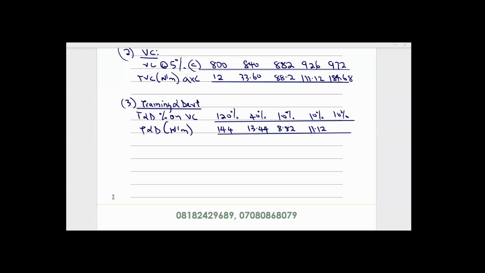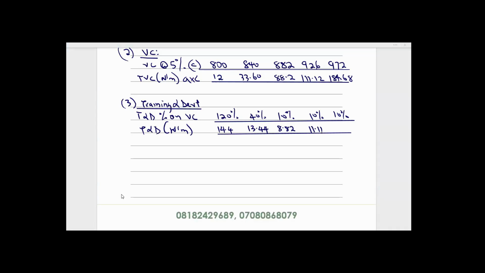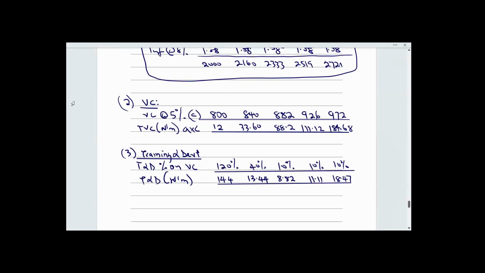Then for the fifth year, let me use the calculator: 184.68 multiplied by 10% is 18.47. So that's the training and development.